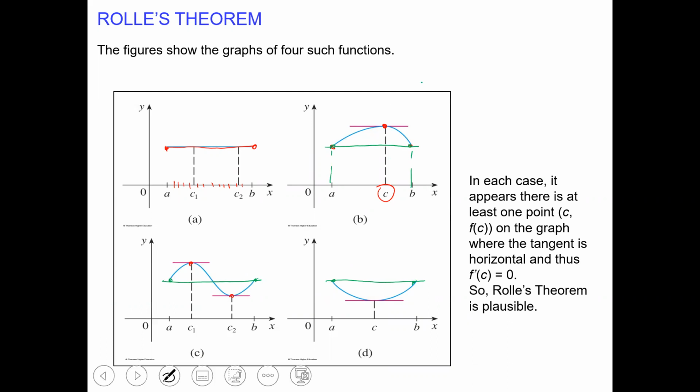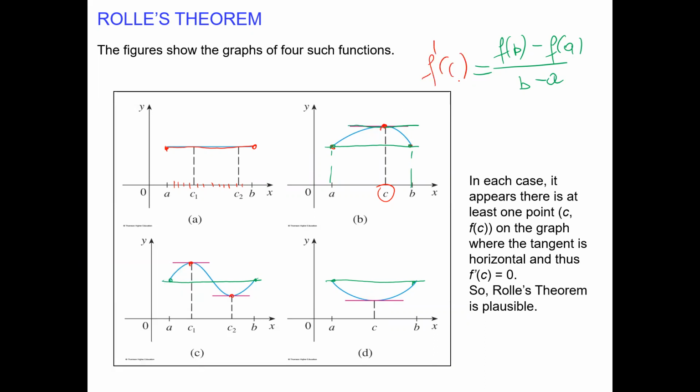That means I can also say the average rate of change, f of b minus f of a over b minus a, is exactly the same as the instantaneous rate of change at some point. Because this is 0 and this is 0, but we have to find out where this situation is happening. We may use different skills to find out, but this theorem is telling us that this is possible.